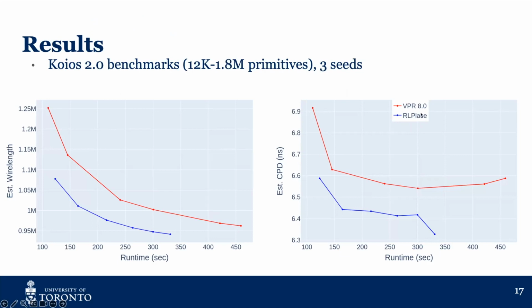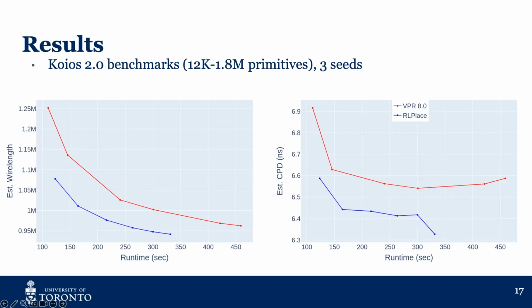And to get a full runtime quality trade-off, we take one of the parameters that controls the runtime quality trade-off of the VPR placement, which is the number of moves to be done per temperature. We sweep this parameter to get a whole curve for the VPR runtime quality trade-off like this. And we did the same for our reinforcement learning-based placer, RLPlace.